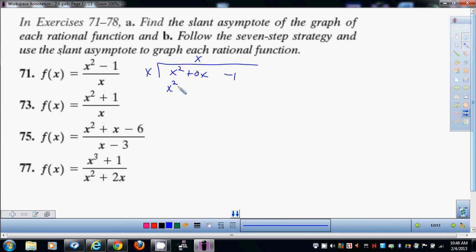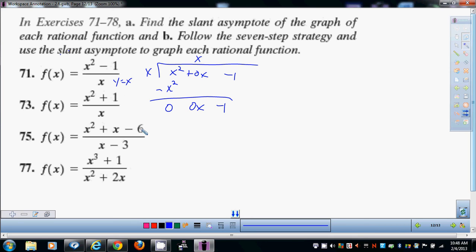Yes. If this has a lower power than this, then it's a remainder. Here's the nice thing about slant asymptotes. You don't have to worry about the remainder. So this has a slant asymptote equation of y equals x, which is just that straight diagonal line going through the origin.